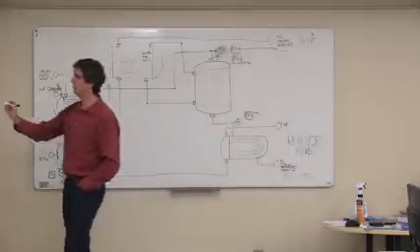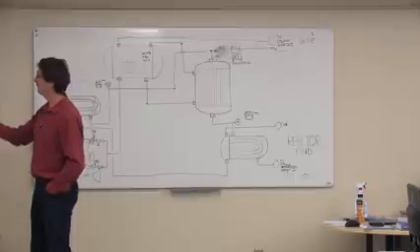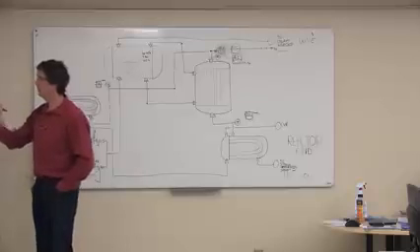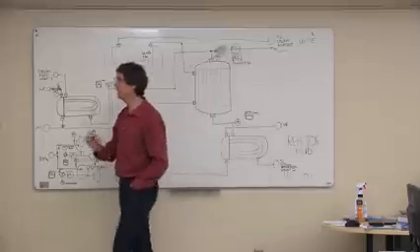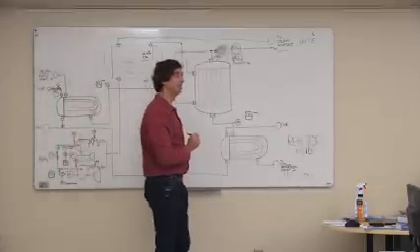You guys can read this. Q equals UA delta T ln, right? With an F factor in there if you needed it. Where does flow rate come into that?